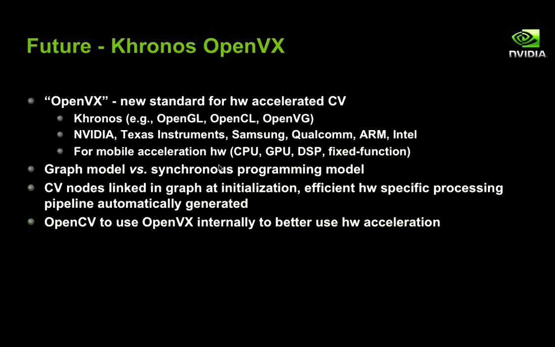And one of the cool things about this model is that it uses a graph model versus a synchronous programming model, the idea being that the programmer is going to basically put together a graph of the various steps that they want to perform in their image processing or computer vision pipeline, and then it would be up to the implementation underneath to pick the right hardware and the right software to create the most optimal implementation for that particular platform.